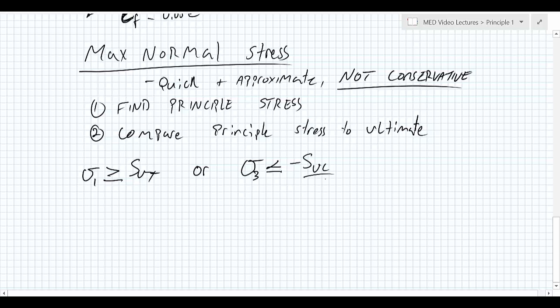Ultimate strength in compression is often noted as a positive number, so don't worry too much about the math here. If it says 30 psi in compression, compare that to 30 psi in compression for the principal stress. If either one of these happens, maximum normal stress for brittle failure theory says that we will have brittle failure. So we just need to check these situations.